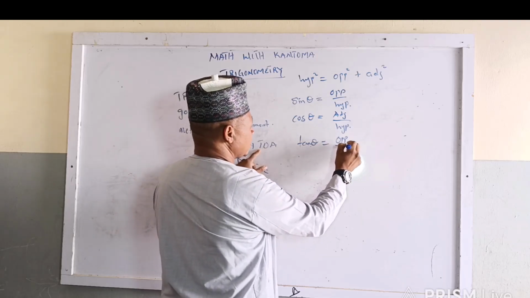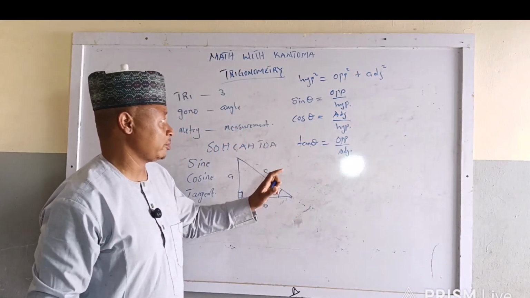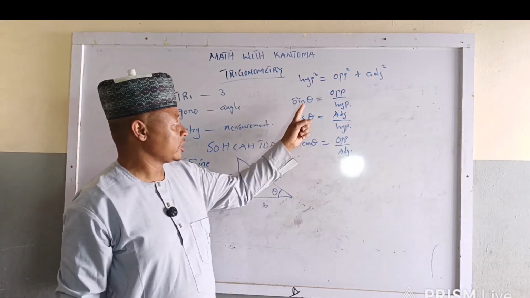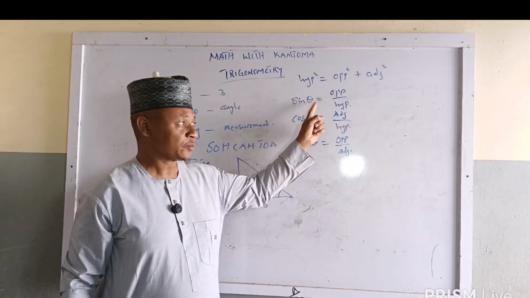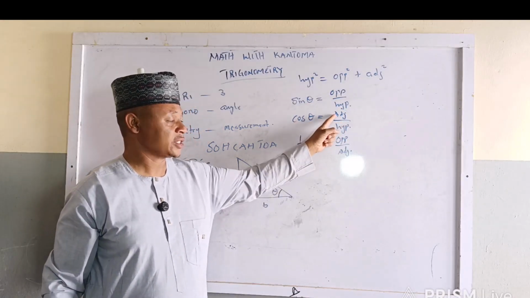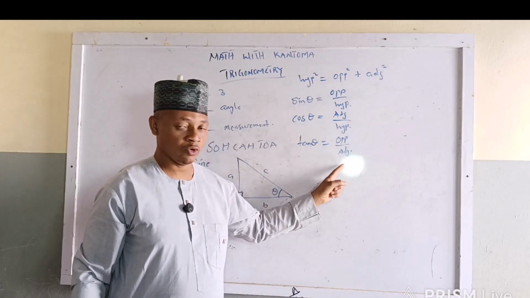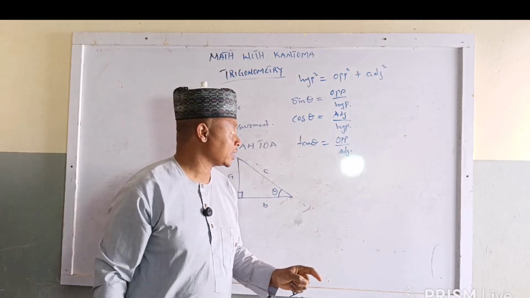So by definition, using SOHCAHTOA, sine theta is opposite over hypotenuse, cos theta is adjacent over hypotenuse, and tan theta is opposite over adjacent. These are the three angles.